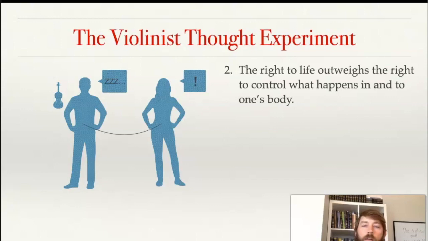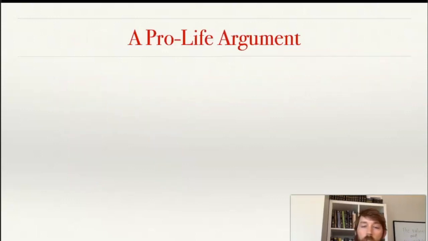Now, if we think about the violinist thought experiment in the context of abortion, many defenders of the pro-life position will note that if we want this to be analogous to the normal case of pregnancy, then it seems like it's only going to be analogous to cases of rape. So we would have to rephrase our argument.